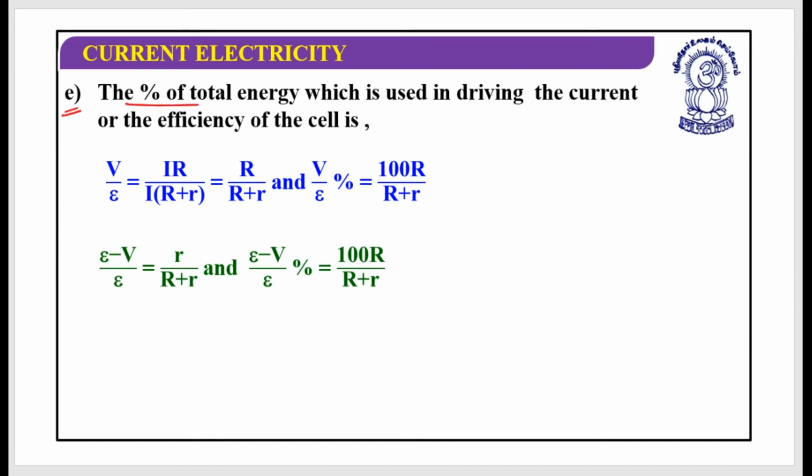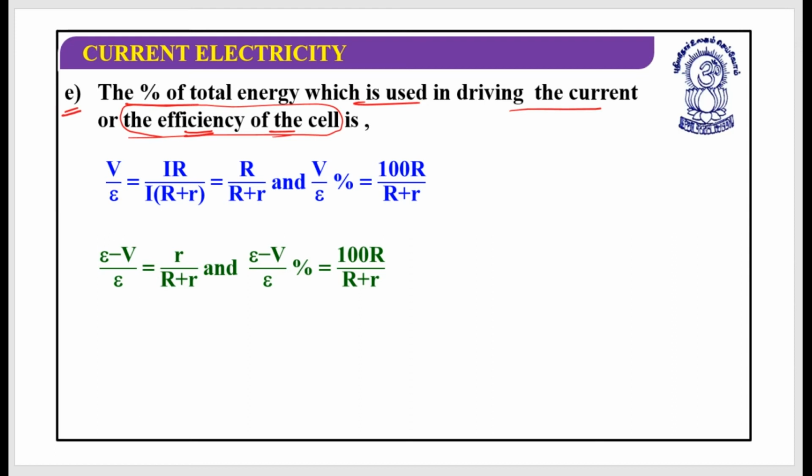It's the percentage of total energy which is used in driving the current, or I need to find out the efficiency of the cell. This is very, very important. Efficiency of the cell has been asked 3 times in the JEE Main examination, so please look at this very carefully.